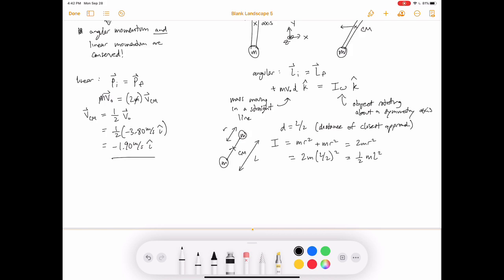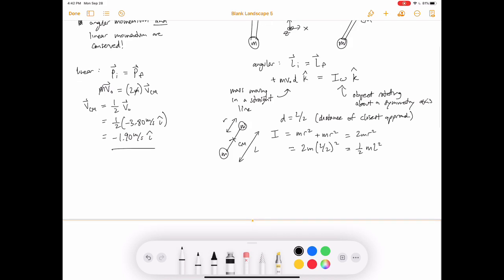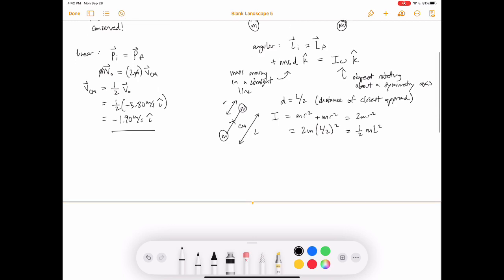Okay, so let's go back to that angular momentum equation. We have m times v0 times the distance of closest approach, which is L over 2. That's equal to I, which is 1/2 times m times L squared times omega.